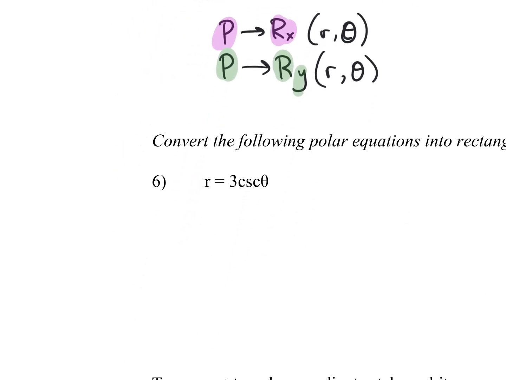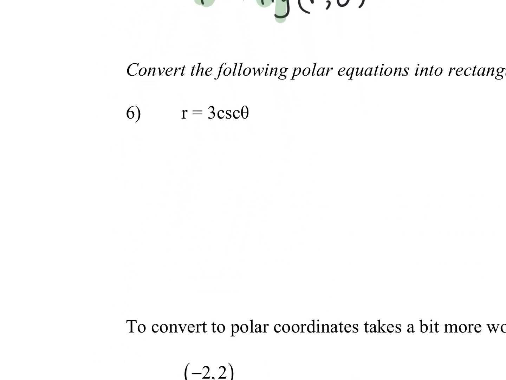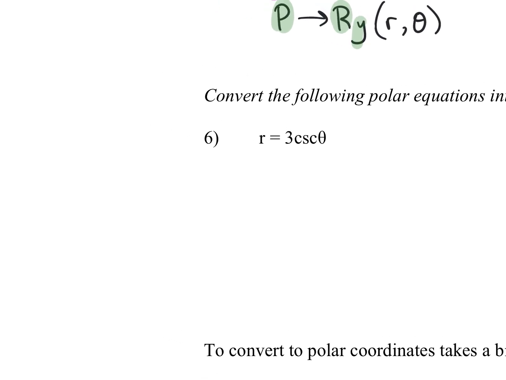I have one from our page here, and then I'm actually going to add one that isn't in our notes, but I'll add that in just a moment. So here, we're trying to convert an entire equation, a polar equation, into a rectangular equation. So what we have here is r equals 3 cosine theta. Now we have all those values.